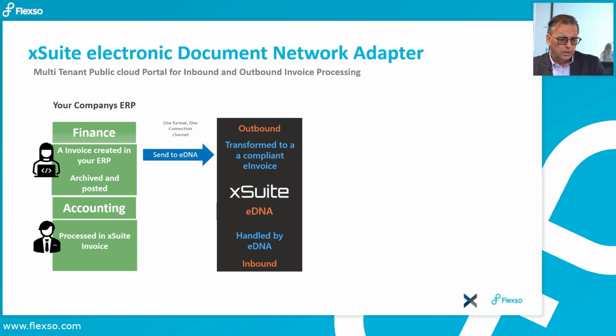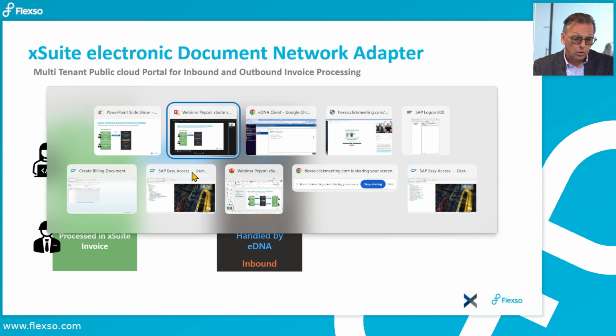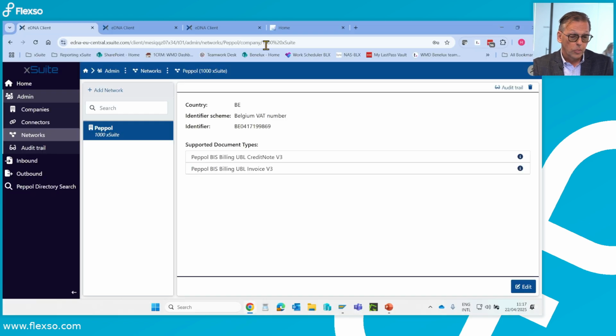If you are going to check in our eDNA solution at this moment, then in live situation, here you see the networks. You can connect to a Peppol network, and there you have your identifiers, the Peppol, and you link to the supported document types over there.